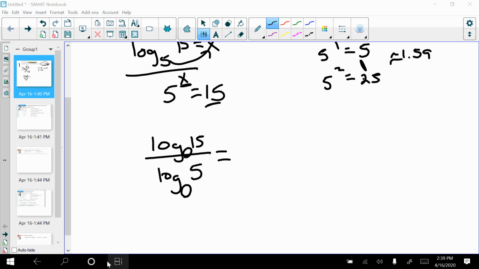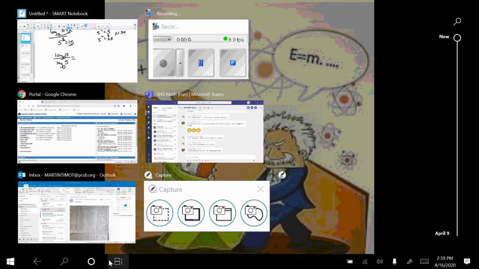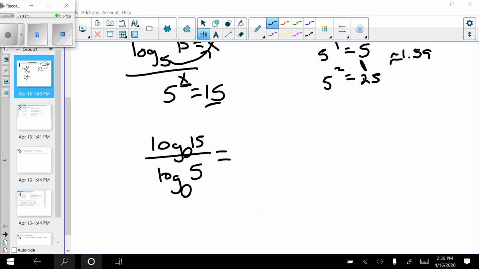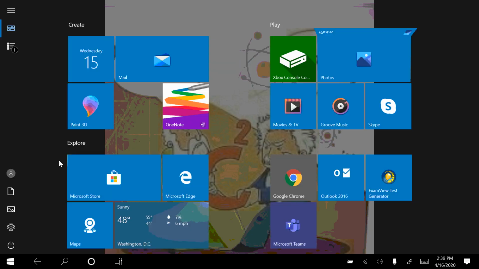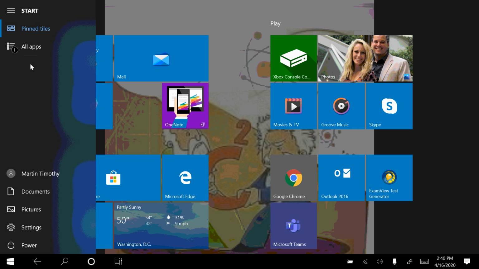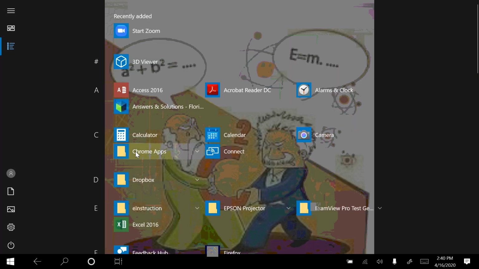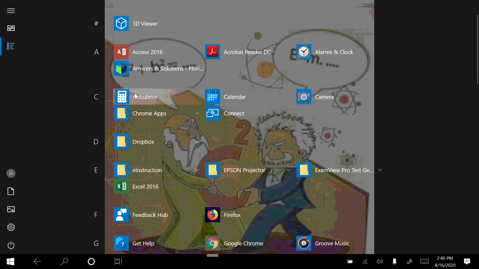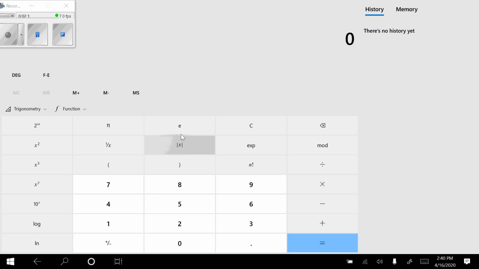So let's see if I have my calculator pulled up. I don't. So I got my calculator, and I can actually do this with this calculator.